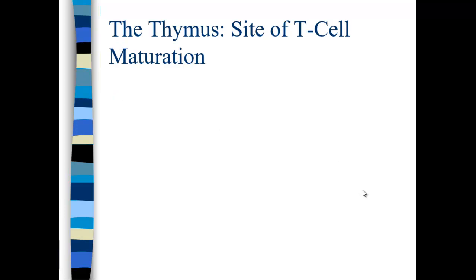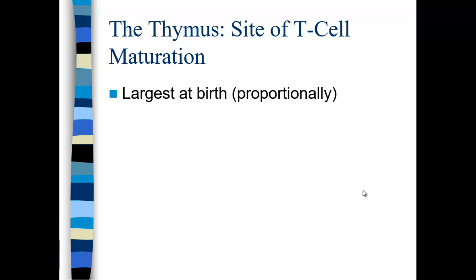Okay. Now, in terms of the second and third line of defense, or primarily the third line of defense, we have the thymus. The thymus is the site of T cell maturation, and it is the largest in its existence.